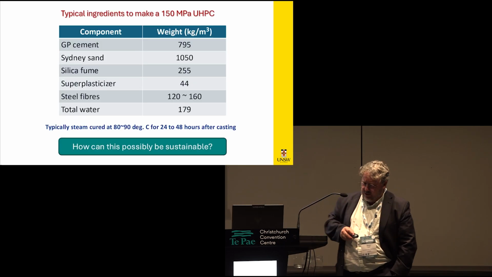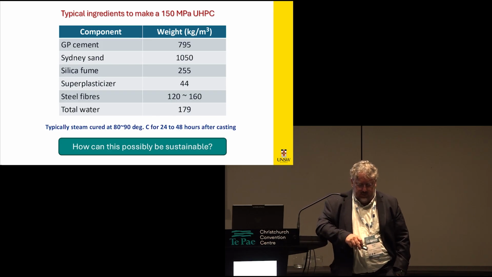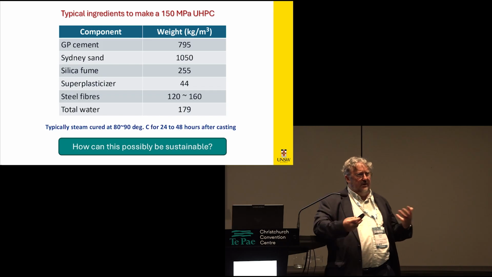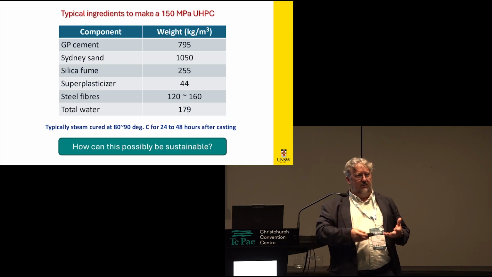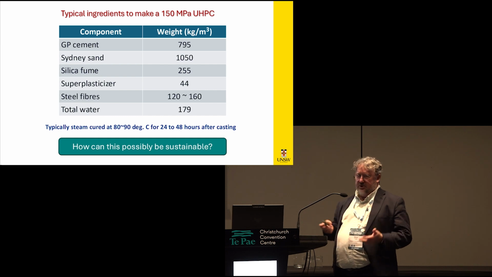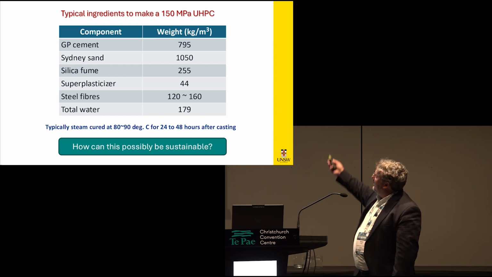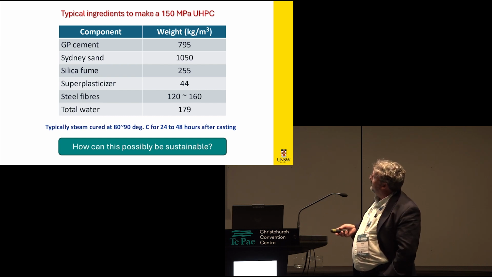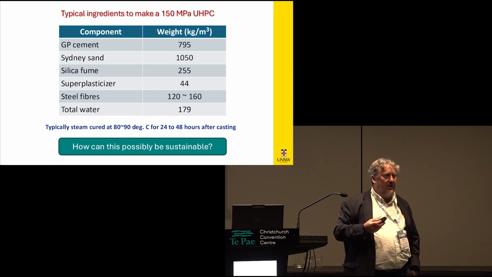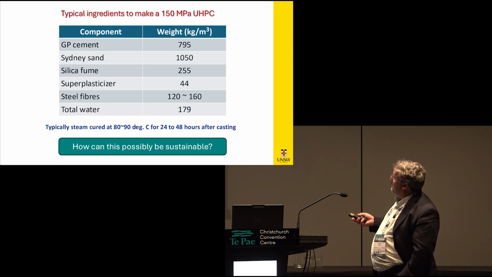I ask this question deliberately because we talk about low carbon materials in terms of cement per cubic metre, cement per tonne, or the global warming potential per cubic metre. And we look at how we produce an ultra-high performance concrete. It's typically around 800 kilograms of cement.